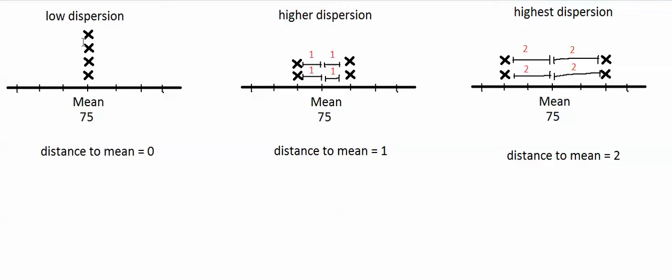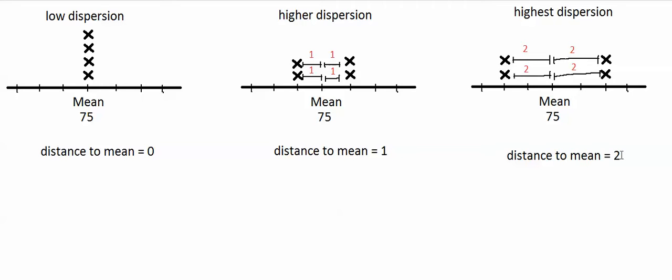So now let's think about if I wanted to describe the dispersion of my students' exam scores to someone, could I just tell them the distance to the mean? For example, could I just tell someone that my students were 1 away from average, or my students were 2 away from average?